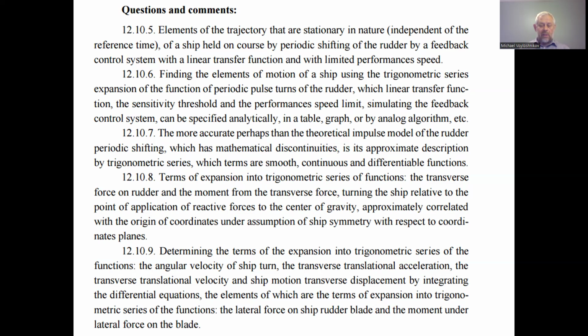So it is half the length behind the point of application of the forces on the ship. Having the expansion of the transverse force, we can have the expansion of the rotating moment. That is all used in the right side of the inhomogeneous equation of the ship motion when finding the angular velocity of its rotation around the applicate axis.